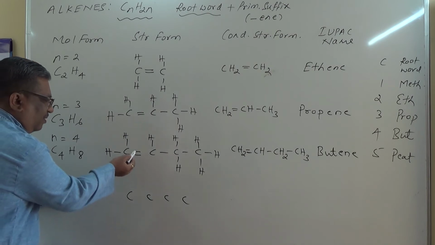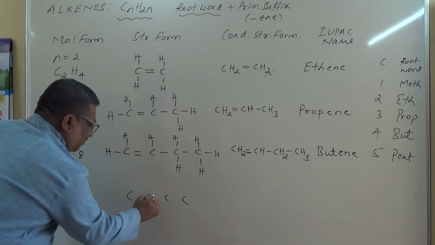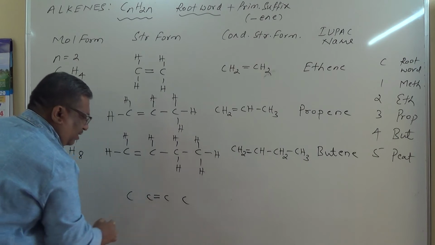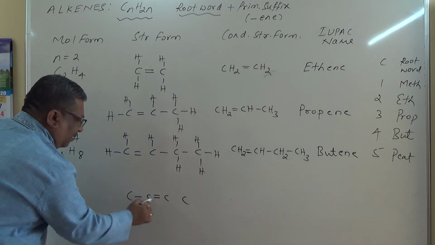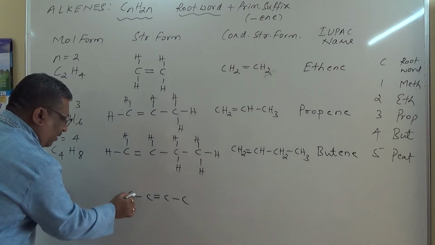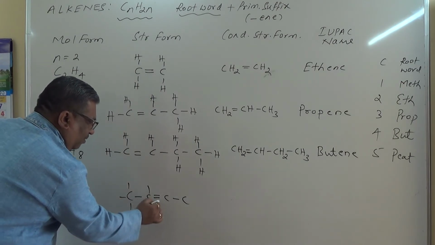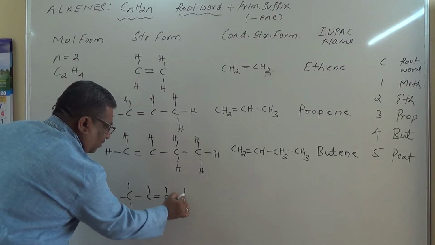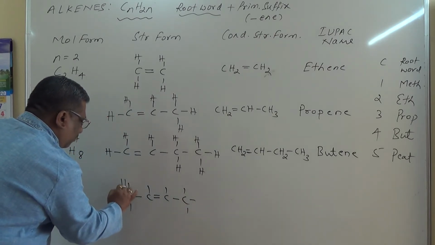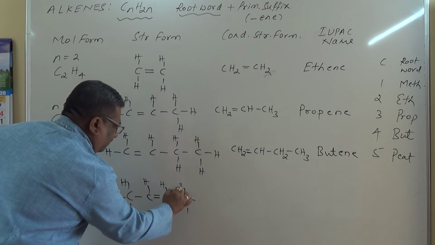In the beginning I put the double bond here, but I can definitely put it here also. In that case, this is a single bond, this is a single bond. This is how one more compound will be formed.